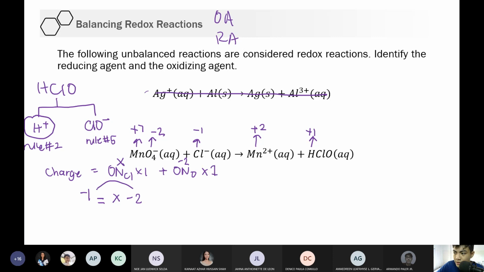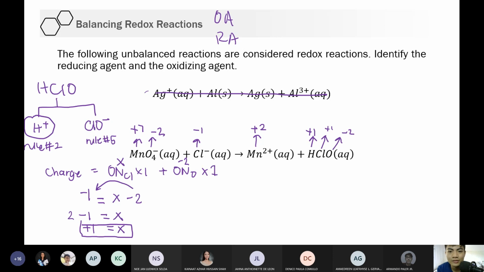So, transpose. Positive 2 minus 1 X. So, 2 minus 1. Okay. So, nakita nyo yun. Positive 1 yung charge pala ng chlorine. Okay. So, chlorine is positive 1. Oxygen is negative 2. So, napaka-obvious that chlorine violated the rule kanina.